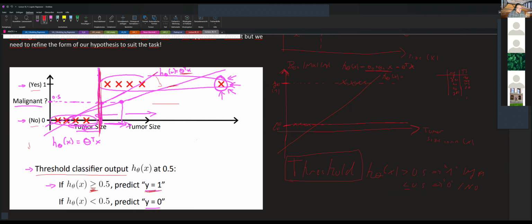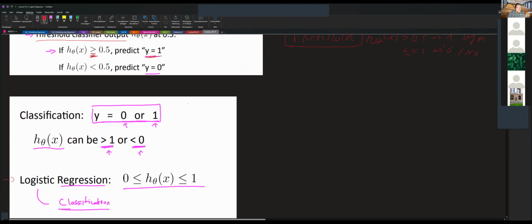So first of all, it will have values that are below 0. As you can see here, there are values below 0. There are values that are larger than 1 also, right? So this is a problem.